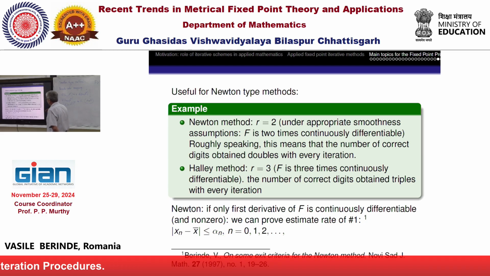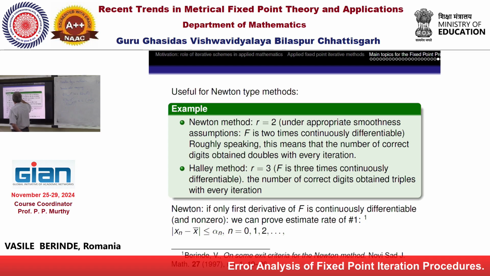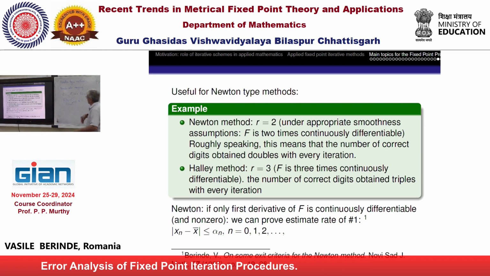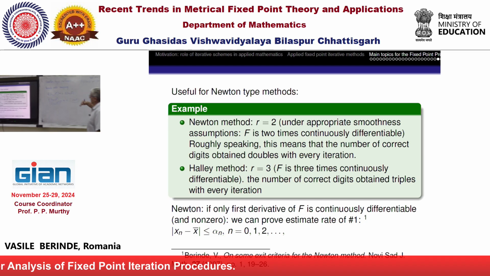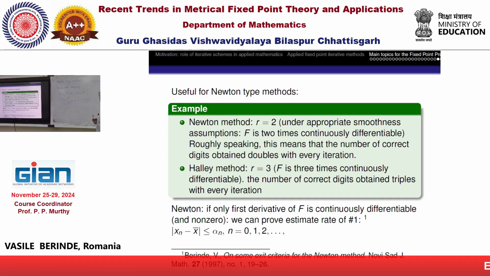So you can see rate of convergence 1 corresponds to f being first order continuously differentiable, 2 to f being 2 times continuously differentiable, 3 to 3 times. And it is expected that as we increase the order of continuous differentiability, we'll get a higher order of convergence.